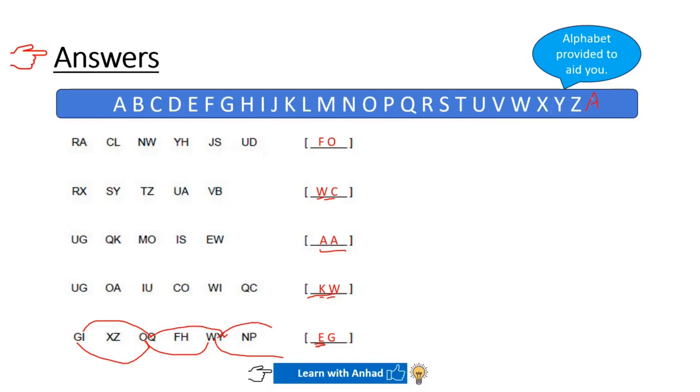Once you write down over here A, B, C or Z, Y, X, whatever, just keep it there because it could be useful. Don't rub it out. Okay, anyways. So Y plus 8 is 1, 2, then 3, 4, 5, 6, 7, 8. It's G. So the answer for the last question is EG.